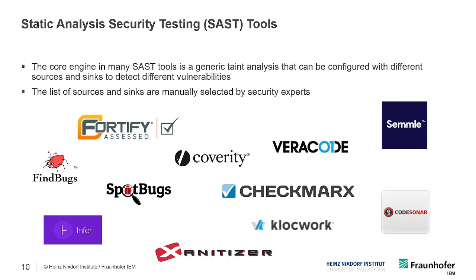And as you see, you need to know the API methods for this. And yeah, that's exactly what we are going to talk about in the next video of this lecture. We are going to see how we can automate this selection of security relevant methods, so we can speed up the process.